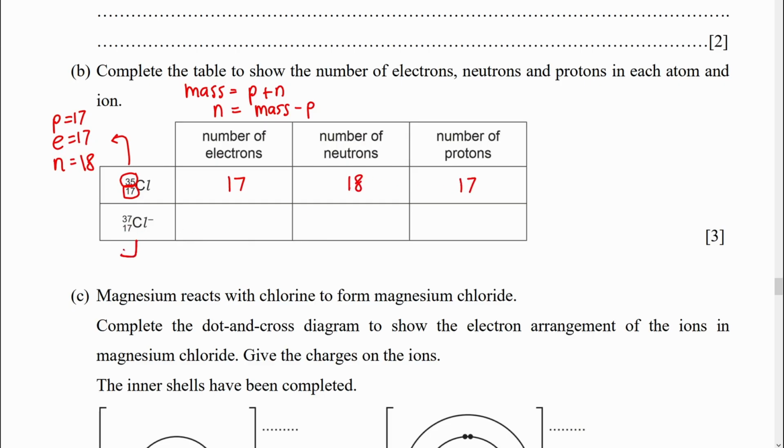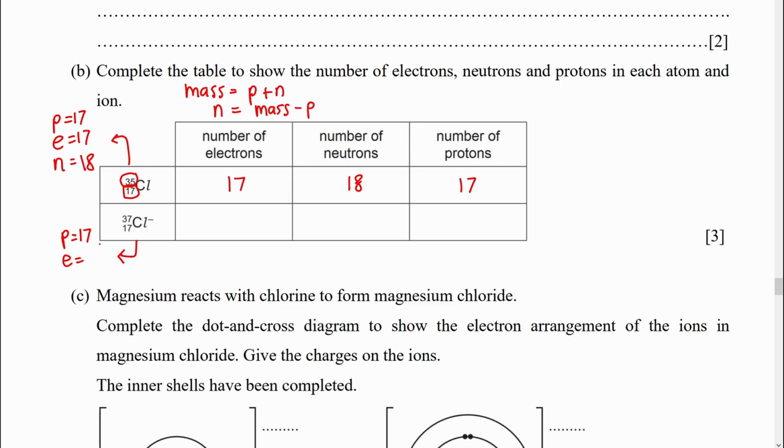Next, for the 37-17 chlorine ion, we have 17 protons, while the electron, because the charge is negative, right? So that means you have one more electron, because electron is something negative, right? So you have one more electron than the proton. So in an atom, the number of electrons is equal to the number of protons, right?